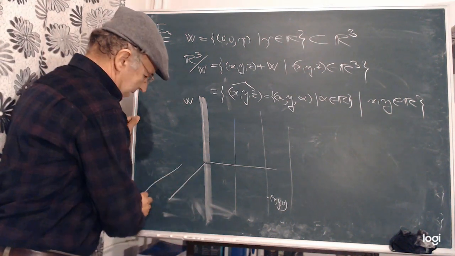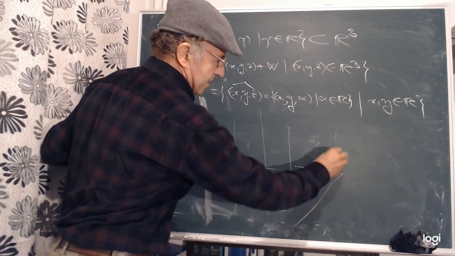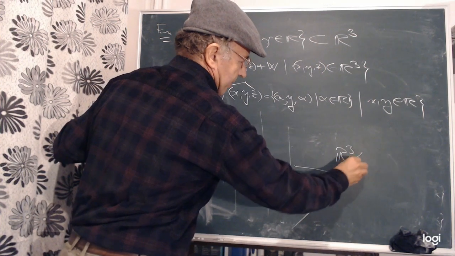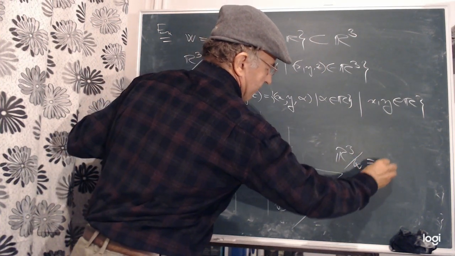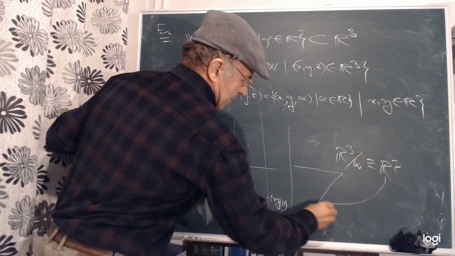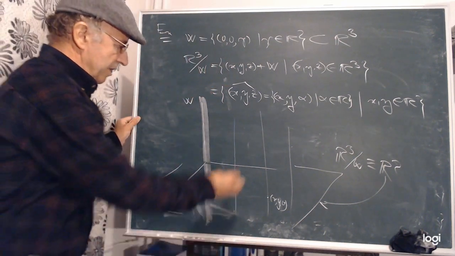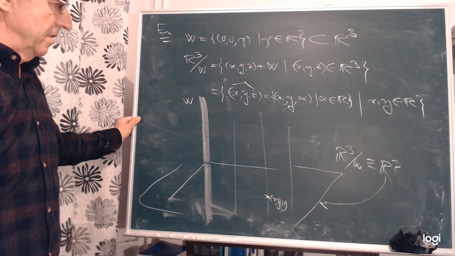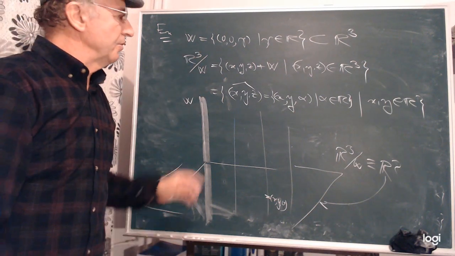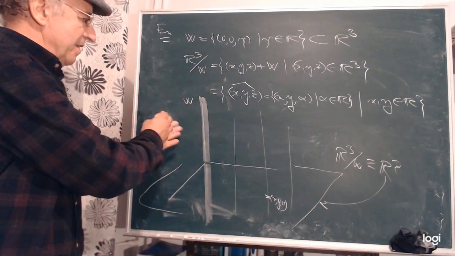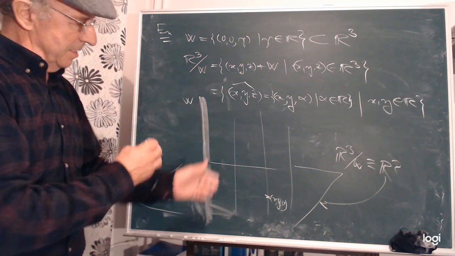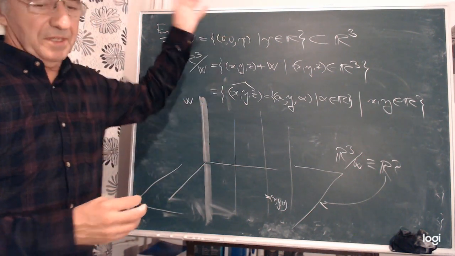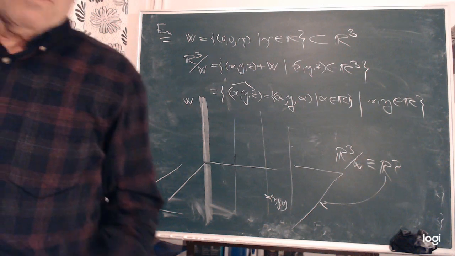We can identify R3 over W with R2, if for each class we consider the intersection here. You can investigate the addition, multiplication, linear independence, and basis in this case. Thank you very much.